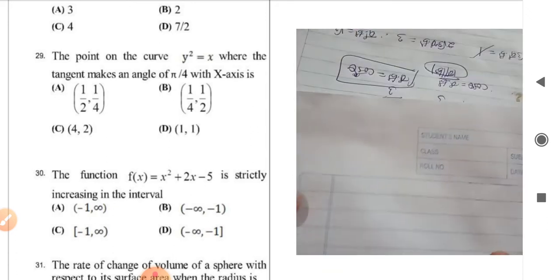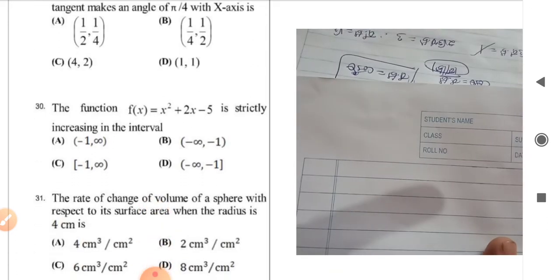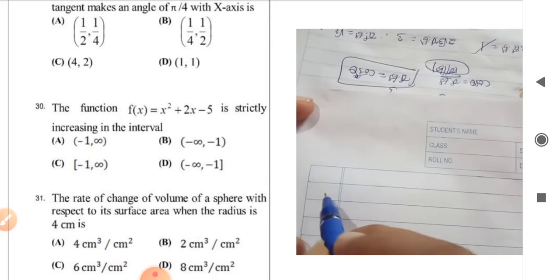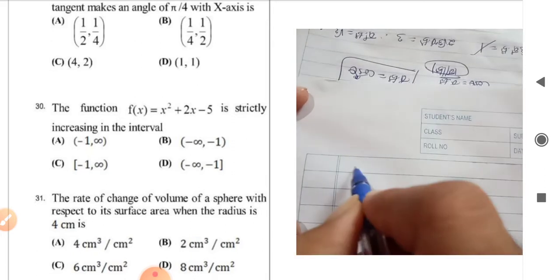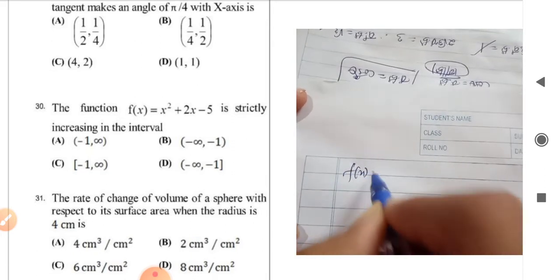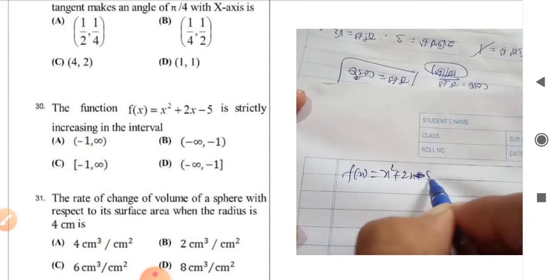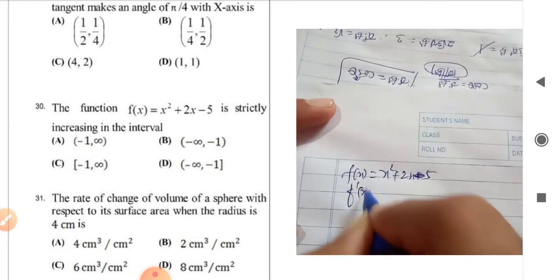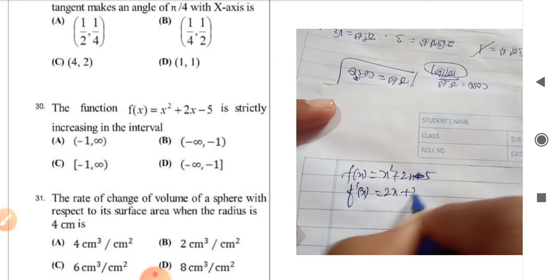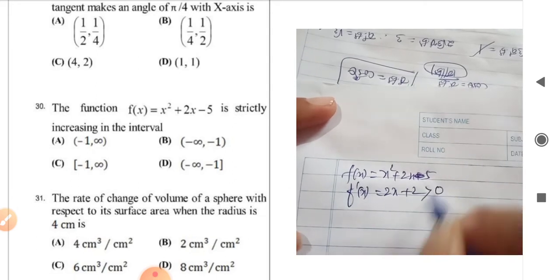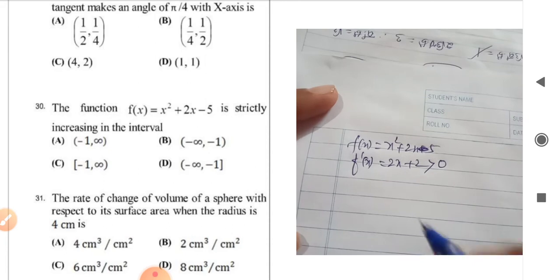Let us proceed. 30th problem is a very simple problem. f of x is given for us, which is x square plus 2x minus 5. If I differentiate, f dash of x is 2x plus 2. When I want it strictly increasing, it is strictly greater than 0.